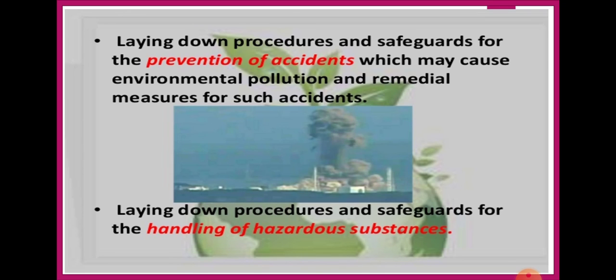Laying down procedures and safeguards for the prevention of accidents. The Environment Protection Act has laid down several guidelines for the prevention of such accidents in industries that cause harm to the environment. Laying down procedures and safeguards for handling of hazardous substances, the gases and chemicals that are hazardous for the environment, that should be handled delicately.